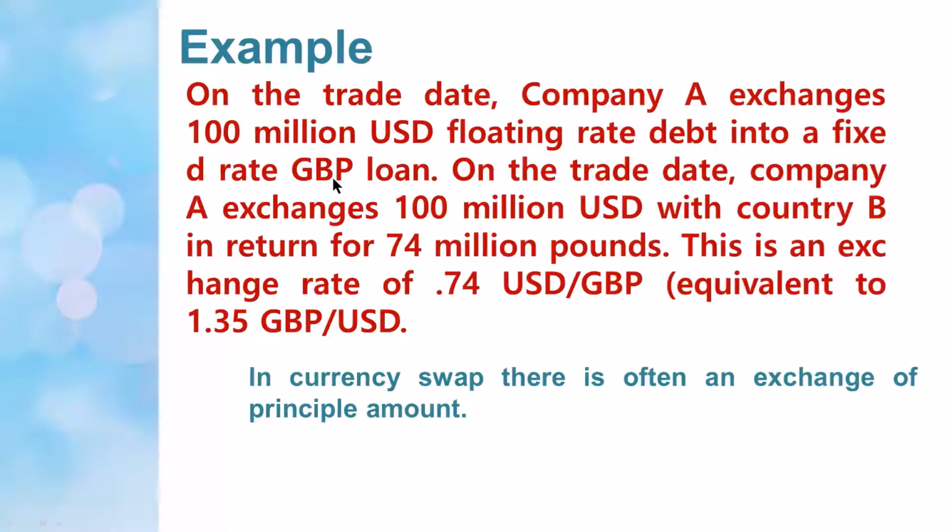So this is denominated in two different currencies, and this is an exchange rate of 0.74 when expressed in US dollar terms, that is, British pound per US dollar. Or otherwise, it is equivalent to 1.35 US dollars per British pound.